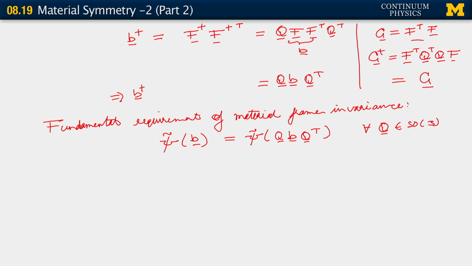Okay, because the right Cauchy-Green tensor is defined on the reference configuration. This is where C lives.